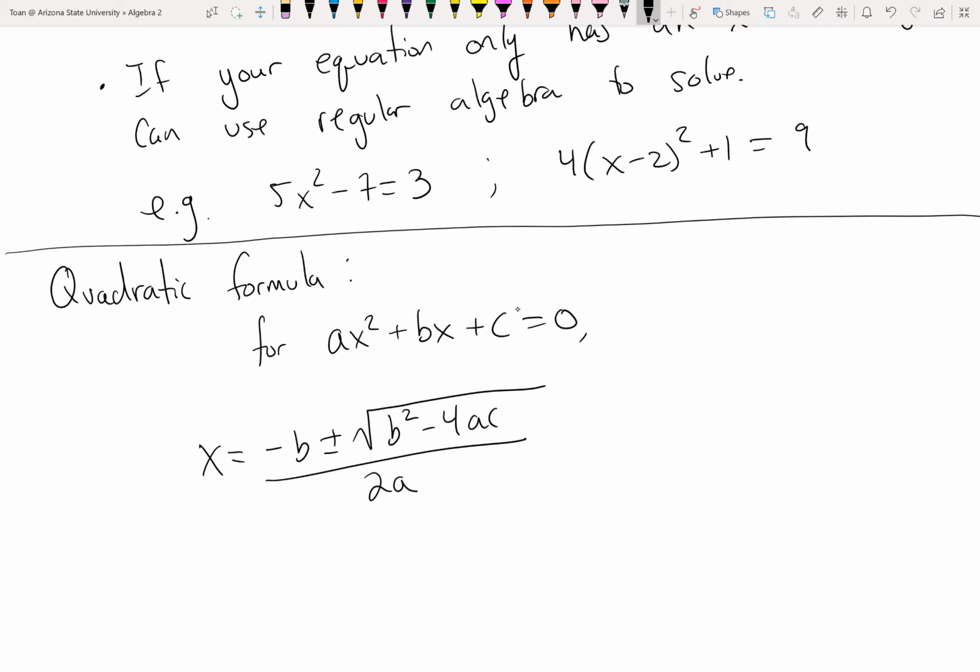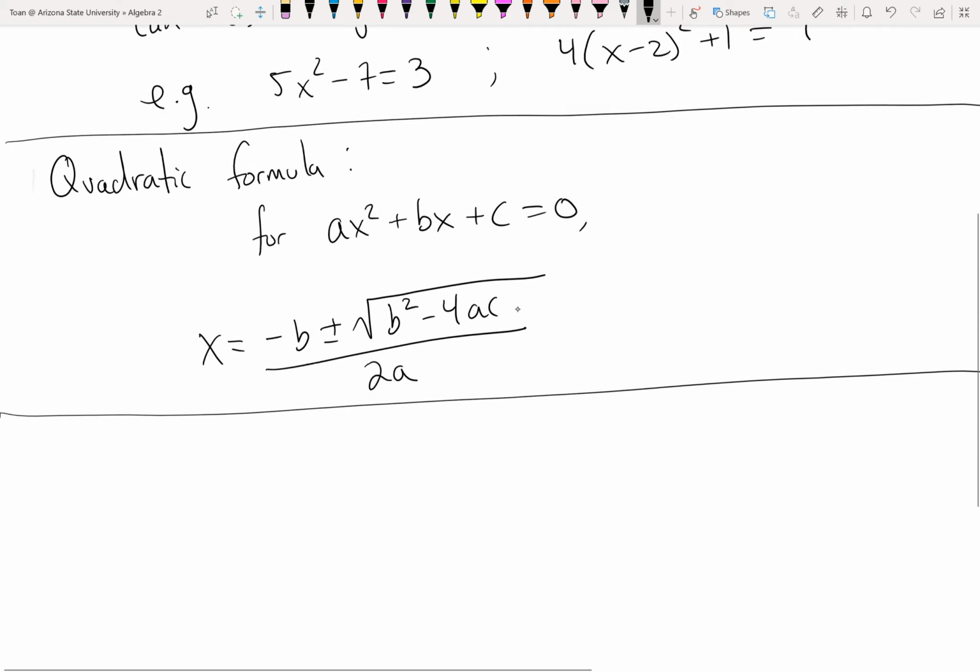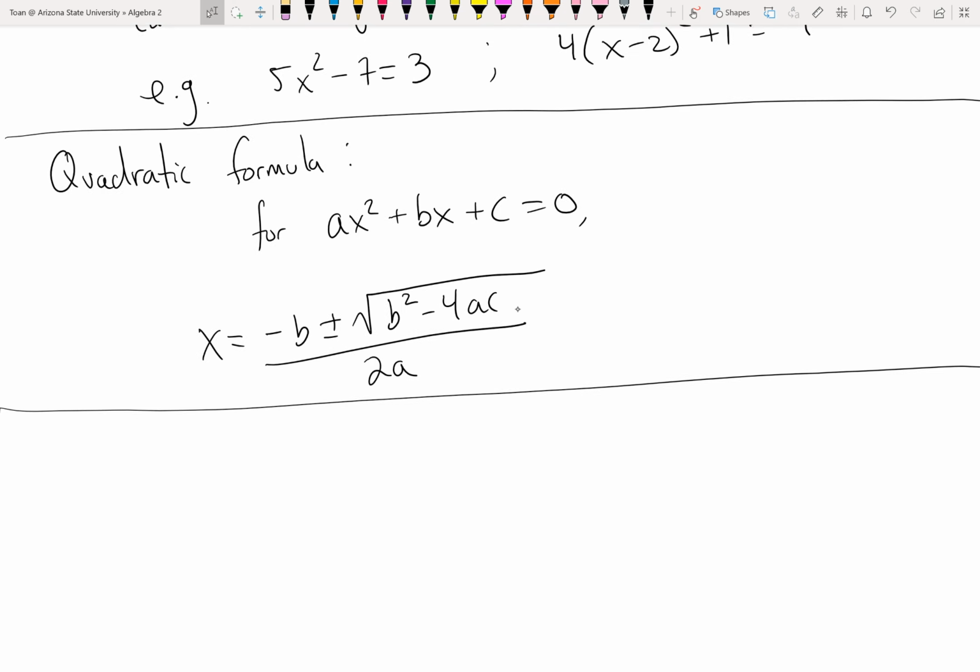For the rest of us that want to talk about this new technique, what do I personally, Mr. Vo, use if my quadratic is not factorable? So this is the idea. I only use it for certain situations.